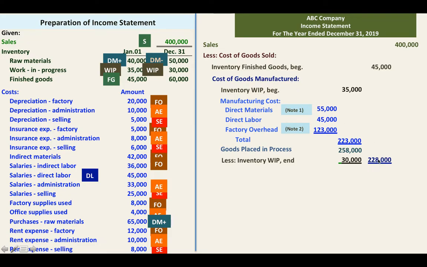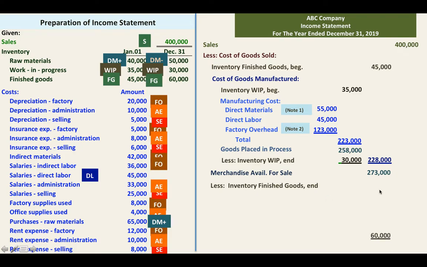And then adding finished goods beginning plus cost of goods manufactured will give you merchandise available for sale. And then deduct the inventory finished goods end. We have to look at our inventory, and the inventory of finished goods end is 60,000.